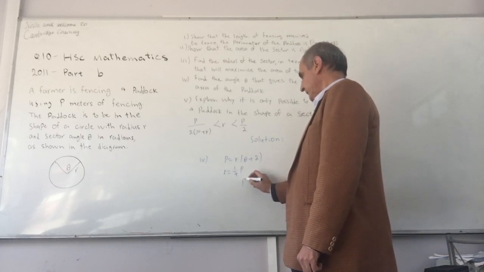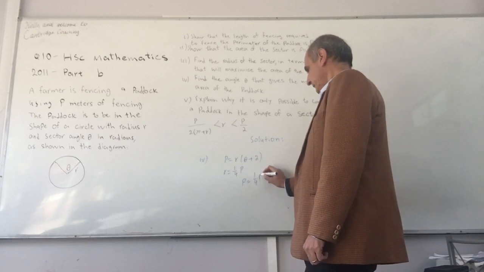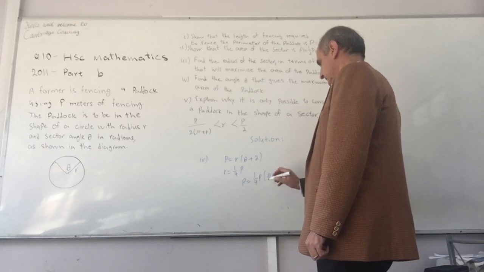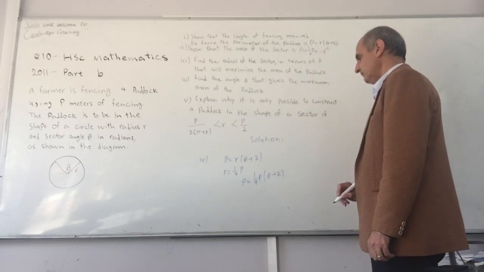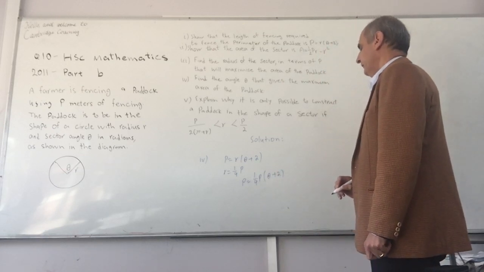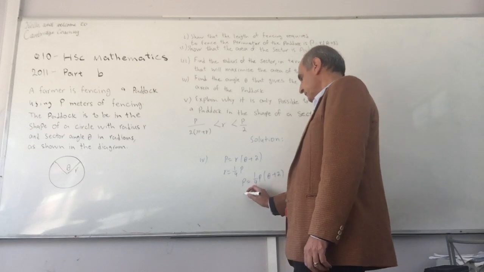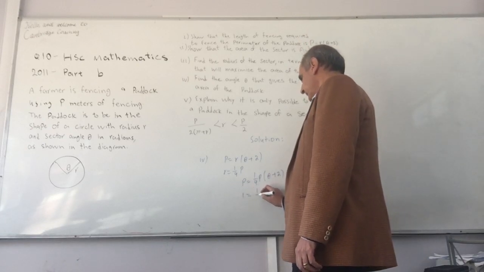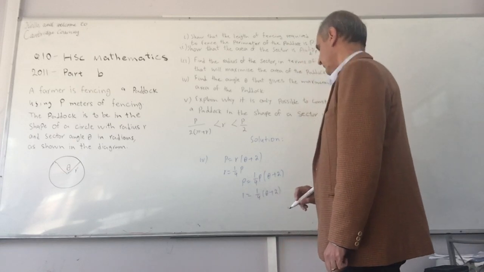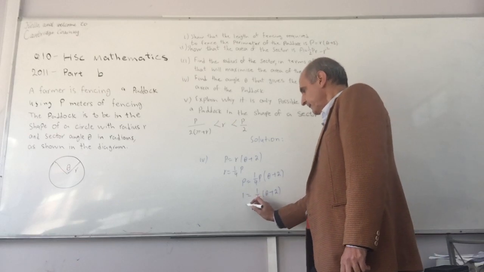So then P is equal to, in place of R, I'm going to put a quarter of P in this. And then you can eliminate P from both sides, divide both sides by P. Times both sides by 4 to get rid of this quarter.